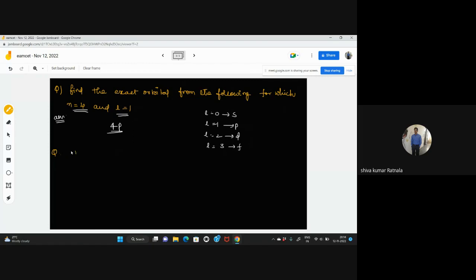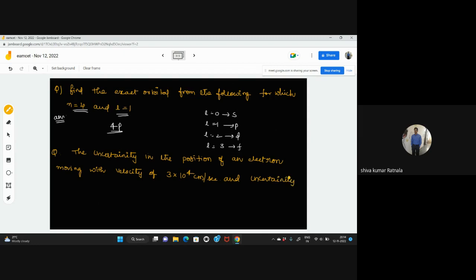Question C. The uncertainty in the position of an electron moving with velocity of 3 into 10 to the power of 4 centimeters per second, and uncertainty in velocity is 0.02%.